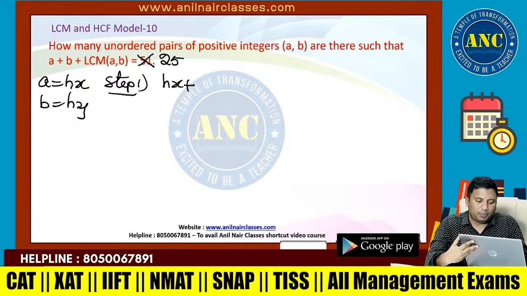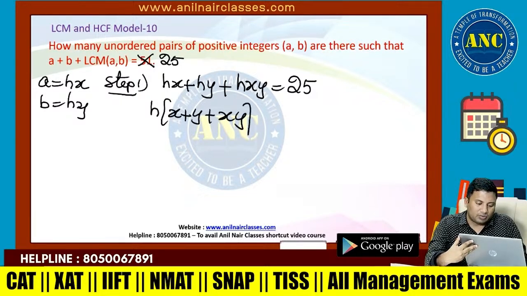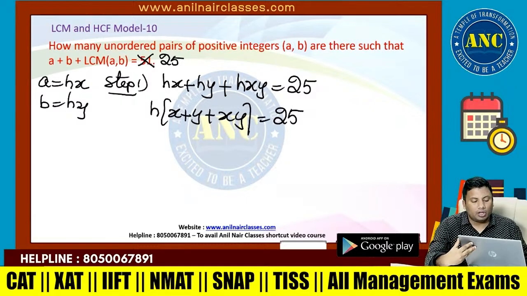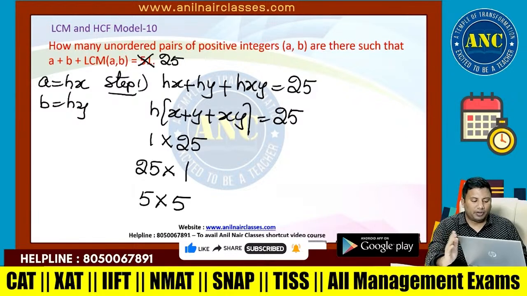HX plus HY plus HXY equivalent to 25, which is H into X plus Y plus XY equivalent to 25. 25 can be written as 1 into 25, 25 into 1, 5 into 5.